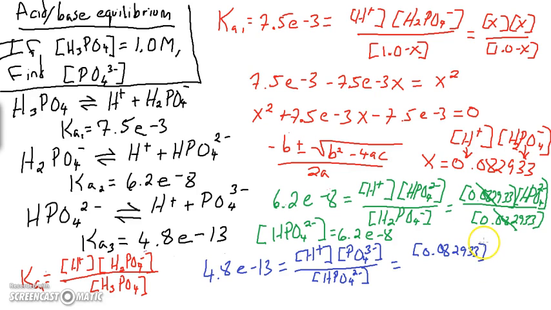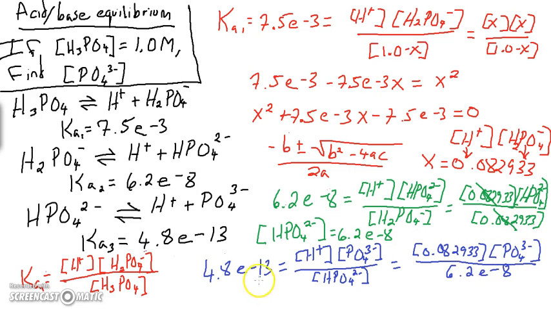My PO4 concentration is unknown, so that's the one we're trying to solve for. And then the last part on the bottom, we have the concentration of the HPO4 2 negative. We just figured that out right over here, right? So this concentration, HPO4 2 negative, is this one right over here. So I'm going to plug in this number, 6.2 E to the negative 8.